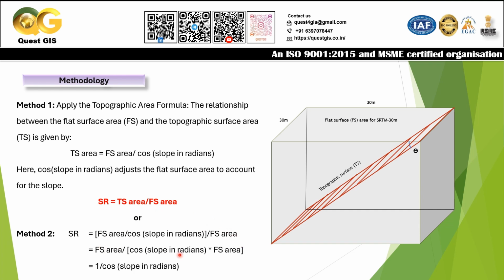Now when you rearrange these things, the flat surface area cancels out, and in the end you find that the surface roughness is equal to 1 divided by cos of slope in radians. So you can calculate the topographic surface area and then the flat surface area, or you can just take the inverse of cos of slope in radians to get the surface roughness. It's all up to you which method you want to use. Anyway, you are going to get the same results.